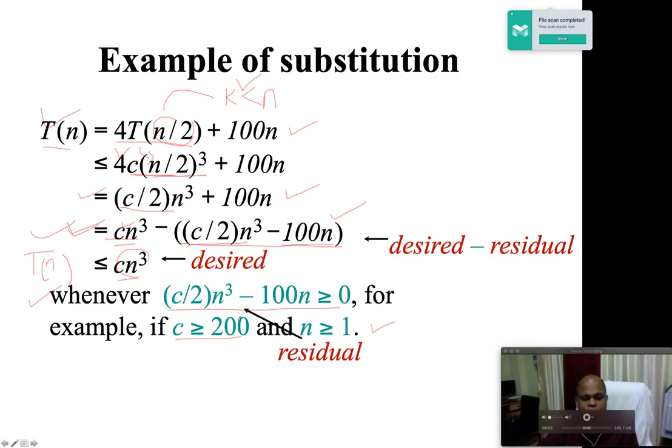If this condition is satisfied, then this term is positive, and hence C n cubed is greater than T(n). Hence you have solved for the constants. This way you can solve a recurrence relation using the substitution method.